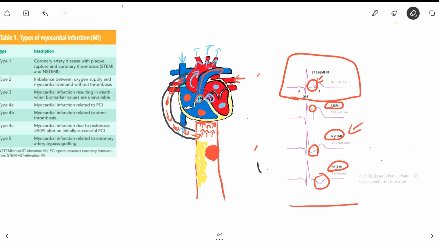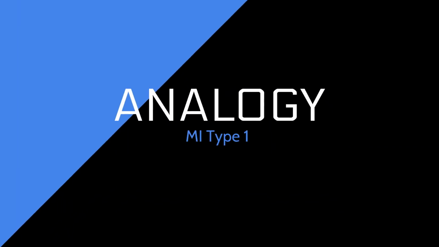Now that we know all the things that we wanted to talk about, let me give you a real life analogy. To give you a real life analogy of a type 1 heart attack, we can say that the coronary artery is a highway with a lot of vehicles, and these different vehicles represent the different components in your blood.